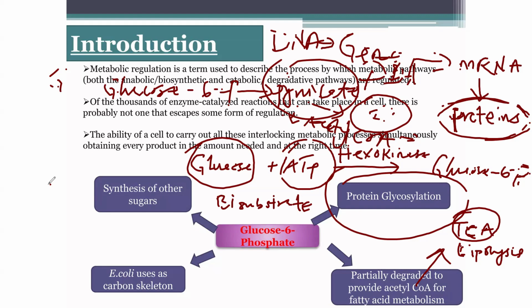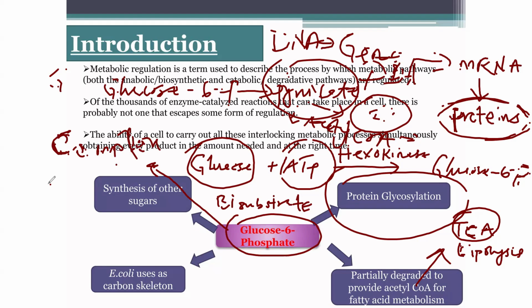And at the same time, there is synthesis of other sugars. There are some sugars like cellulose, like peptidoglycan in some microorganisms like bacteria or fungi. This glucose phosphate can be used at the same time to synthesize complex carbohydrates.